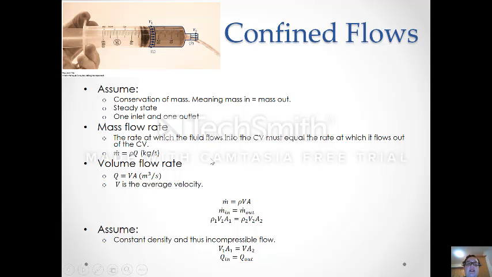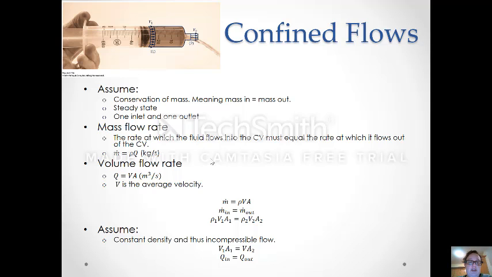Now our mass flow rate is defined as density multiplied by volumetric flow rate, which is Q in this case. We can further specify that Q, or volumetric flow rate, is equal to velocity times area. And so you end up with the units of meter cubed per second for volumetric flow rate. You will use volumetric flow rate for the rest of the semester, I promise you.